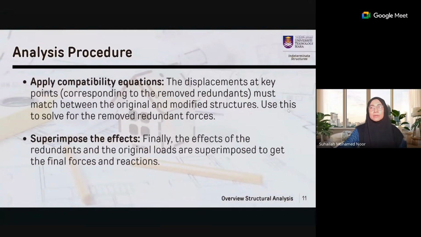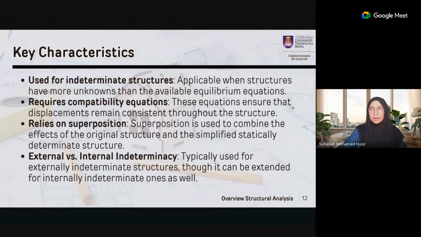By solving compatibility equation, we get the redundant, and actually compatibility equation is based on superimposed effect. So we will derive the compatibility equation in the next 1 hour session. Okay, the key characteristic, it is just the notes which are actually similar to the previous slide.